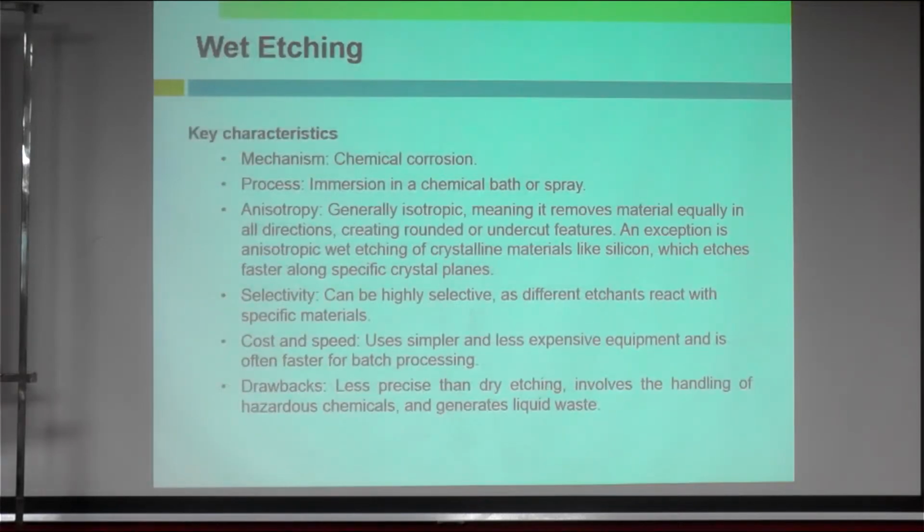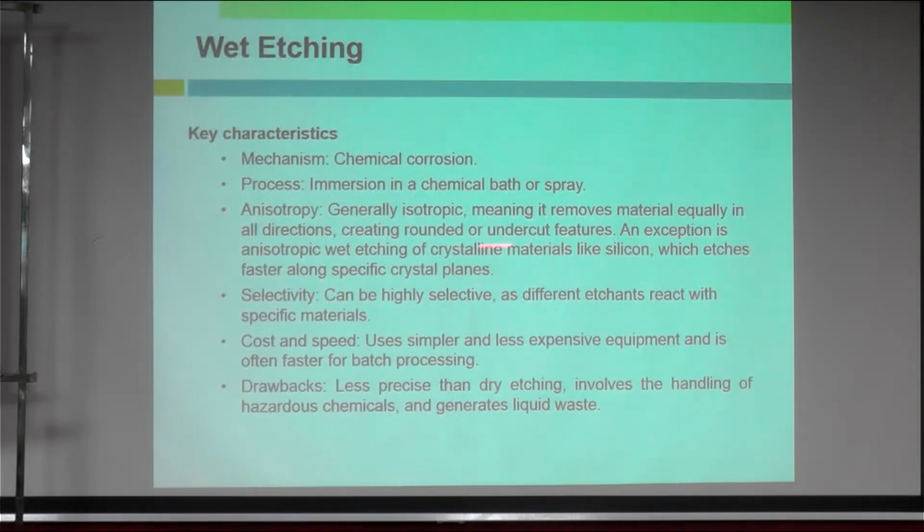The key characteristic mechanism of wet etching is chemical corrosion. Basically, it's a corrosive process, with immersion in a chemical bath or spray. You have a bath of the chemical, or you spray the liquid onto the surface of the material, then corrosion happens and removes the material. It is generally an isotropic process, meaning it removes material equally in all directions, creating rounded or undercut features.